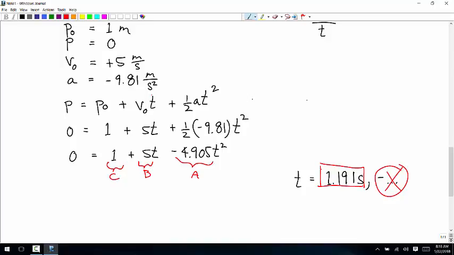Sometimes there'll be cases where you'll have 2 positive answers for time. When that would occur would be, say that you're launching a ball from a cannon that's under the surface of the ground, and you want to know how long it takes for it to hit the ground. Well, then your final position is 0. Exactly. And so you just have to reason through the problem.